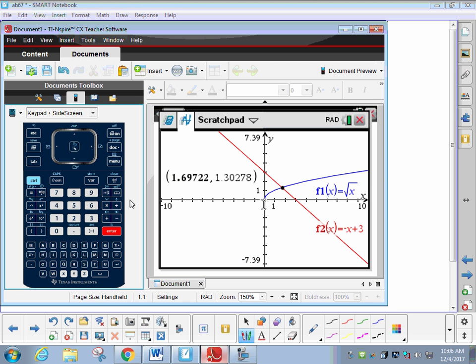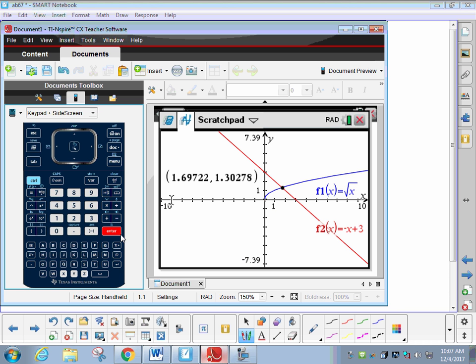Store the x to A and the y to B. When you go back to the home screen, you can call out A and B, and the stored values are incorporated.